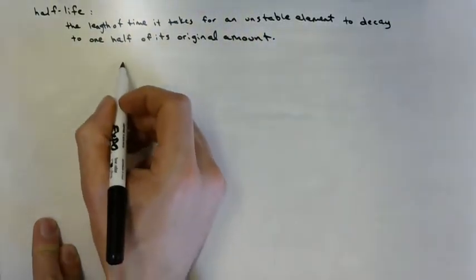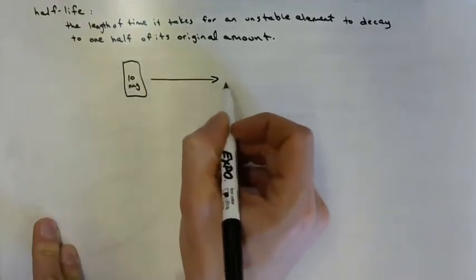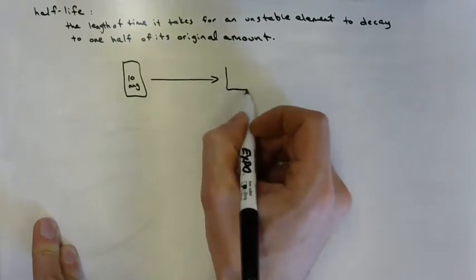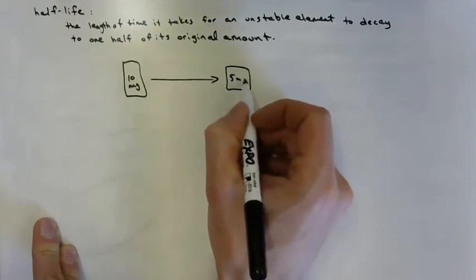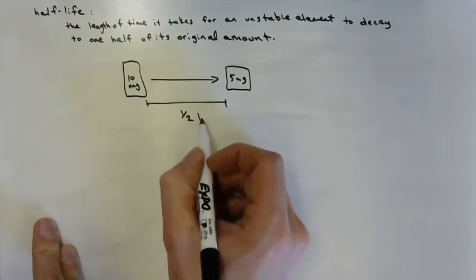So let's say you start with 10 milligrams of something, and over time it decays, and eventually you only have 5 milligrams of it. The amount of time that takes is called its half-life.